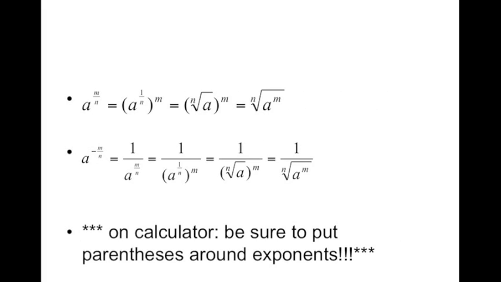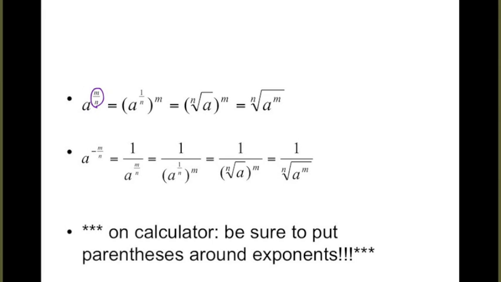This is our big rule for today. It looks pretty overwhelming in formula form with lots of letters. The key to it is that we're going to be studying exponents that are fractions. So instead of just having a squared, we're going to have a to a fraction.